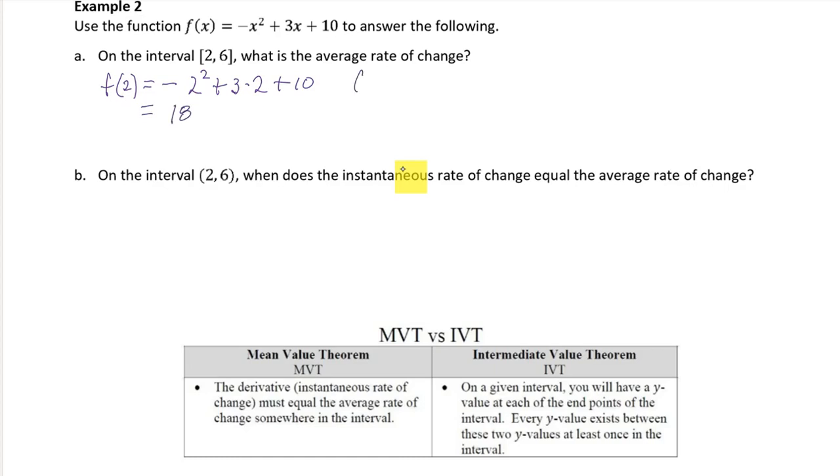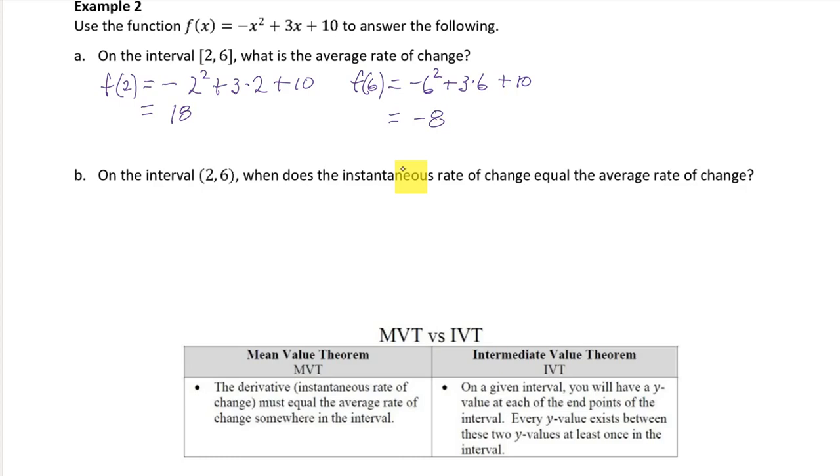If we do the same thing for 6, we would do f of 6 equals negative 6 squared plus 3 times 6 plus 10. And if you do that one, you're going to end up with negative 8. Now I can use those values to actually find the slope.